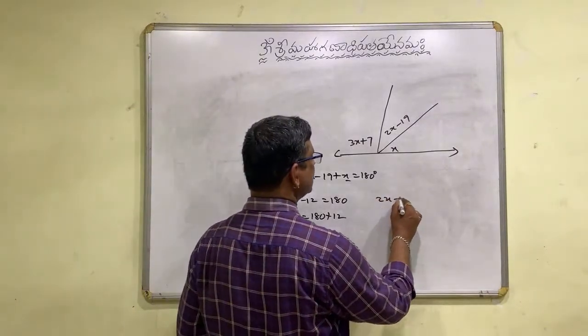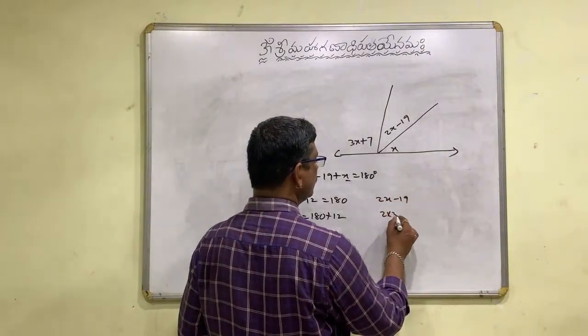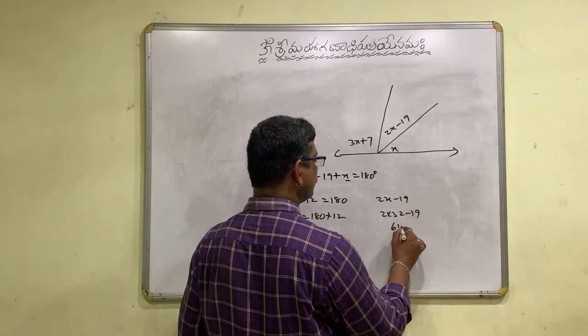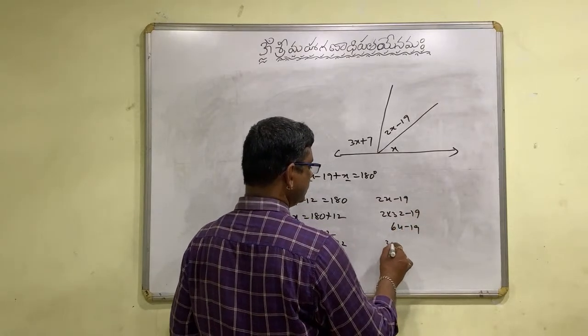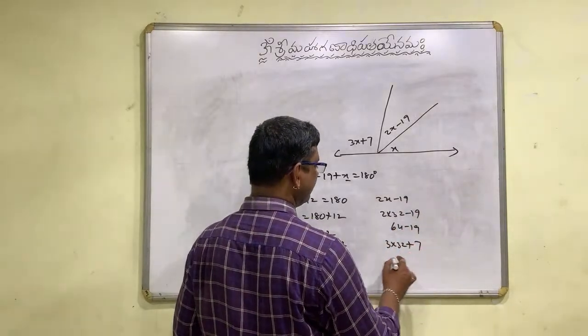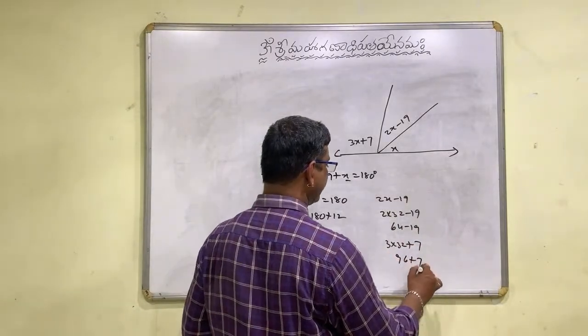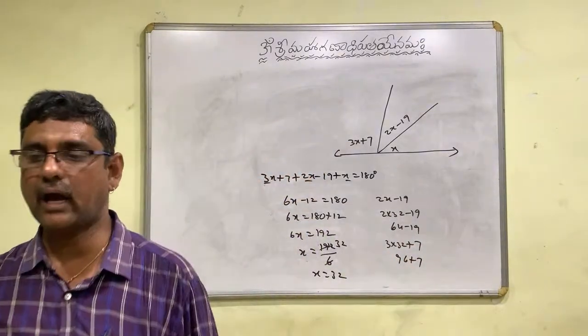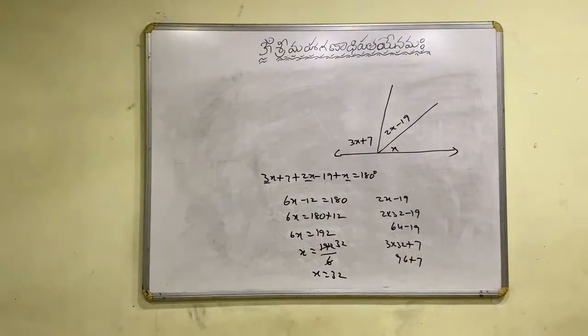Then 2x minus 19: 2 into 32 minus 19, 64 minus 19. And 3x plus 7: 3 into 32 plus 7, 96 plus 7. So we got all the angles. 96 plus 7 is 103. 64 minus 19, how much, children?